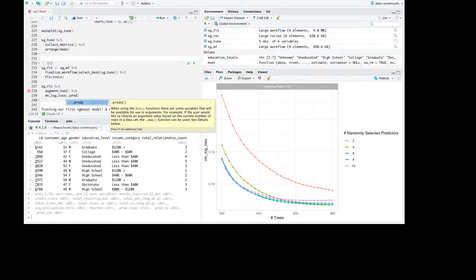Nope, it's not pred class that I want. Well, I need to remember dot pred yes. Oh yeah, that's good. Dot pred yes, and churned.